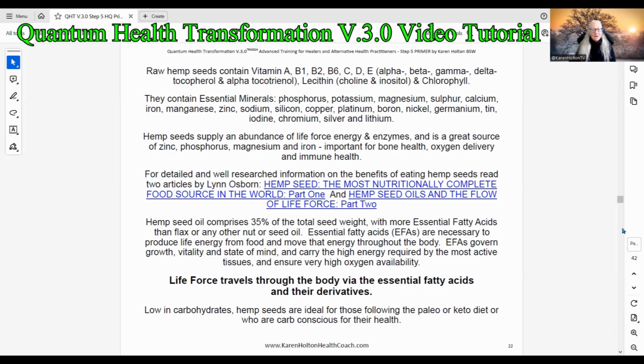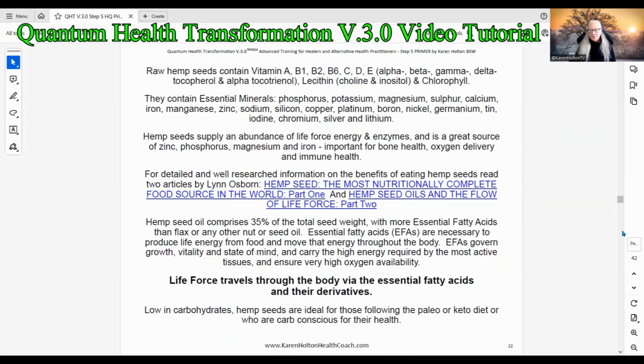Hemp seeds supply an abundance of life force energy and enzymes and are a great source of zinc, phosphorus, magnesium, and iron, important for bone health, oxygen delivery, and immune health. For detailed and well-researched information on the benefits of eating hemp seeds, read these two articles by Lynn Osborne.